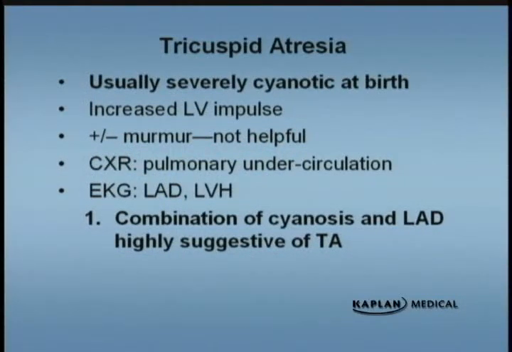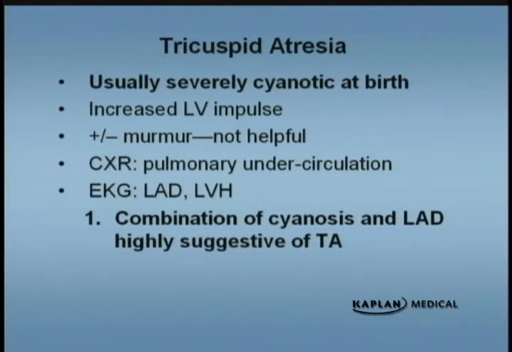Usually these babies present with severe cyanosis at birth. The left ventricular impulse will be increased because the left ventricle is basically doing most of the work. You may not hear a murmur because of possibly no real gradients. Certainly the test of choice is going to be an echocardiogram. If you see a baby that is cyanotic and has left axis deviation on an EKG, then you should think of tricuspid atresia.